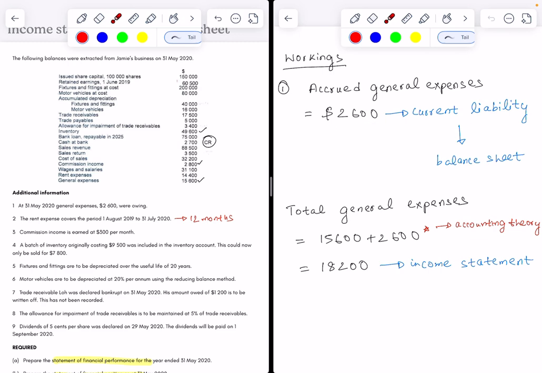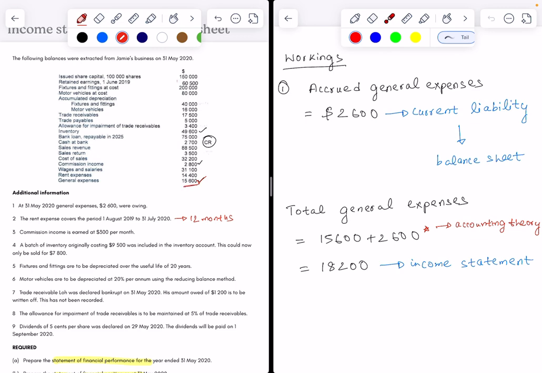Now, what's the total general expenses which we will report in the income statement or the statement of financial performance? If you carefully check the list of balances which we were given initially, you will find that general expenses is given to us at $15,600.